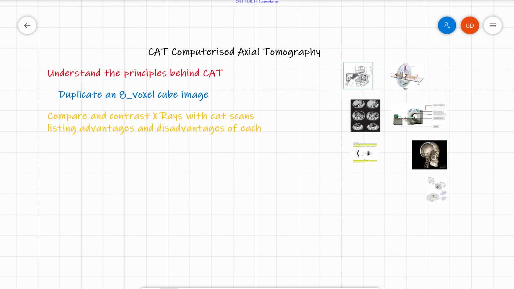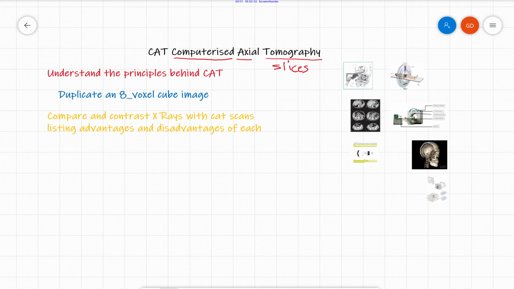The CT scan, or the CAT, stands for what? The C stands for computerized, A for axial, and T for tomography. Tomography actually stands for slices.